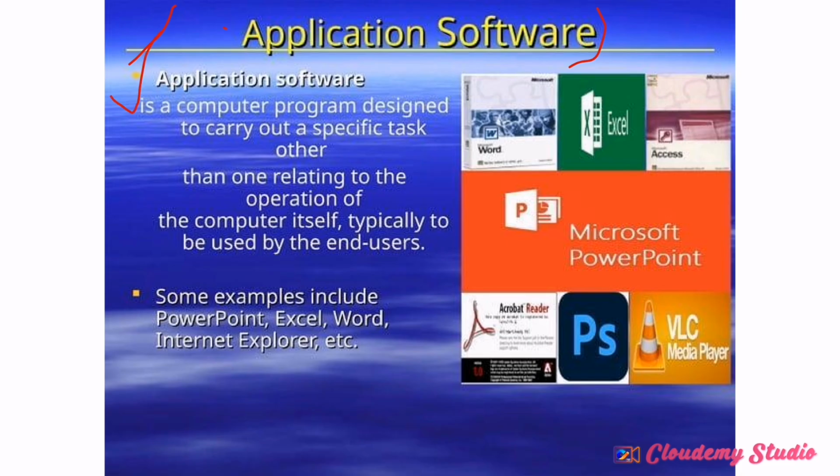Application software is a computer program designed to carry out a specific task other than one relating to the operation of the computer itself, typically to be used by the end users. So I'll repeat.